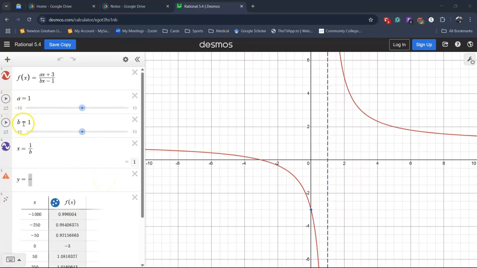You'll notice here's our a and our b, and here's our function. The vertical asymptote is 1 over b, so we put this in just as we did. If b is 1, so right now it's 1 over 1, you can see that this goes through x equals 1. And then the y value for the horizontal asymptote, which we're going to just eyeball, you're going to write as a fraction.